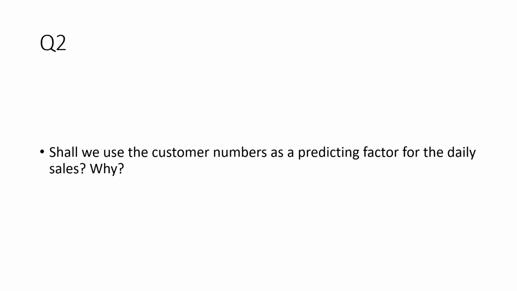You sort of see what I mean? So I guess the answer to this question would be you can't really use the number of customers as a direct predicting factor for the number of sales. Or if you do so, you may have a very funny model result.